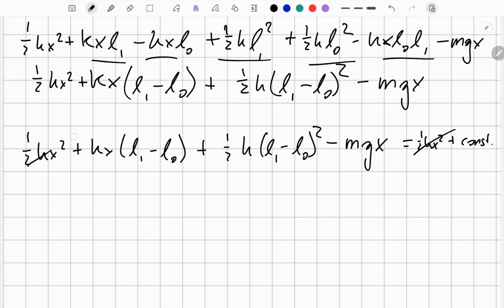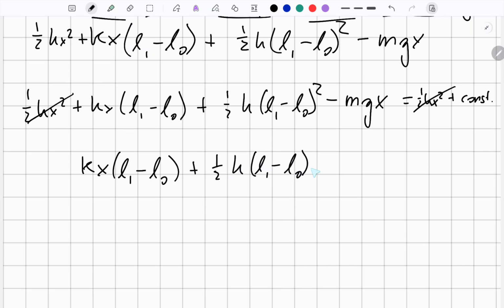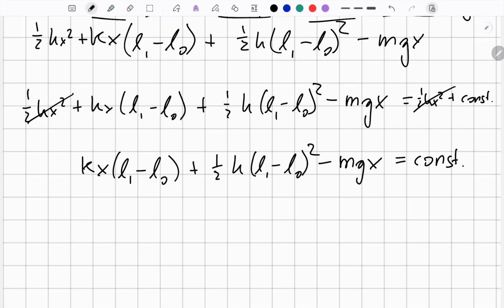So we can get rid of those. Now, we know that kx(L1 minus L0) plus 1/2 k(L1 minus L0) squared minus mgx must be a constant. And this concludes our problem.